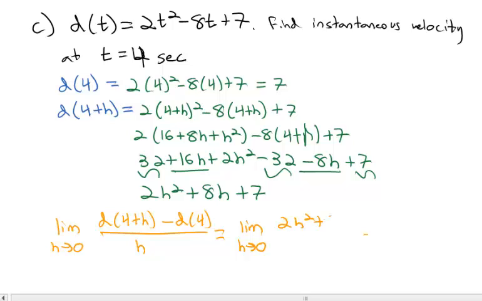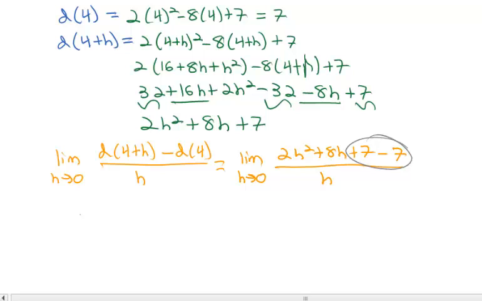2h squared plus 8h plus 7 minus d of 4 is 7 all over h. Combining like terms in the numerator, that's really nice because we've got a 7 minus 7, which is 0. So we have the limit as h goes to 0 of 2h squared plus 8h all over h.